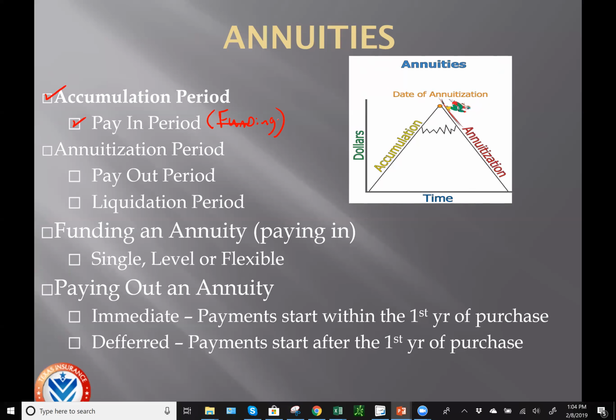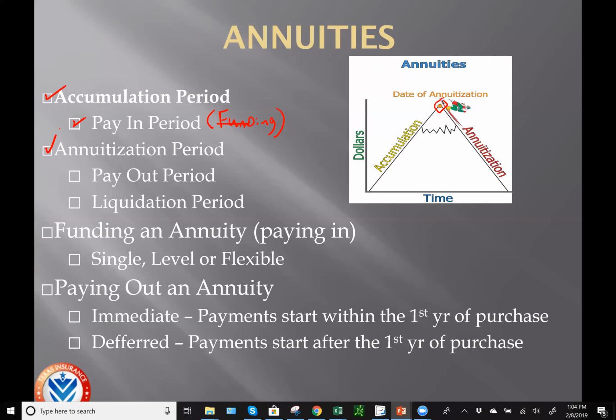Now, all annuities, for the most part, are to get you close to retirement so you can start getting an income. So everybody would have a different length of annuity, depending on your age. You would fund it during the accumulation period for a certain number of years, which is different for everybody. After that is the date of annuitization, and that begins your next period, called your annuitization period.